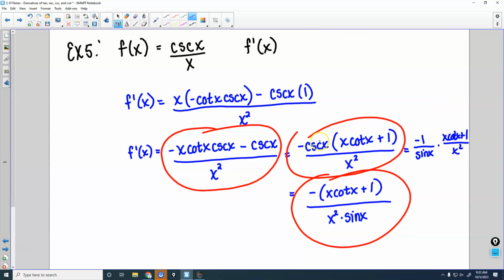Because this is just multiplied. So I could change that cosecant to 1 over sine x, and then that sine x goes to the bottom. I'm not saying that you've got to do that. Certainly, if it was free response, I would not. I'd leave it right here if it was free response. If it is multiple choice, you never know what they're going to do with their answers there.